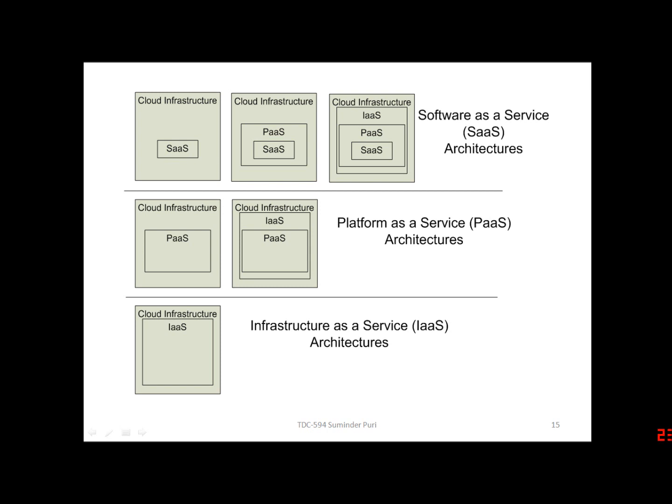Then there is platform as a service, then software as a service, in which all three are used. But when you use software as a service, you basically use platform as a service also, and infrastructure as a service also.